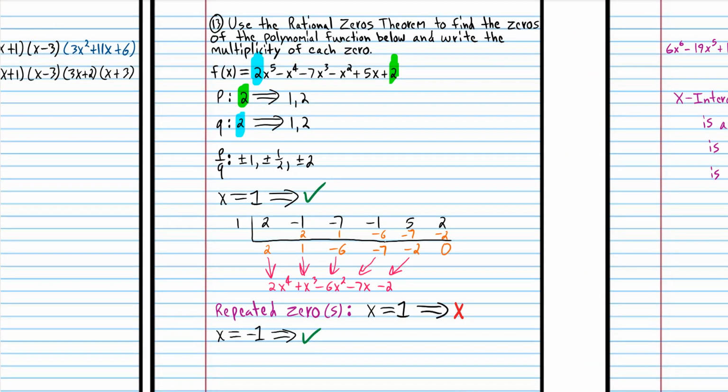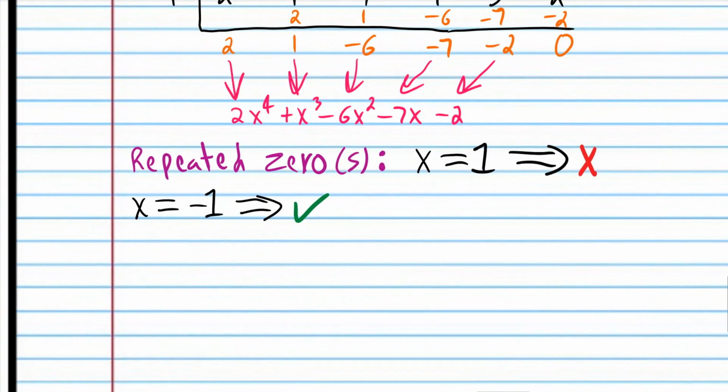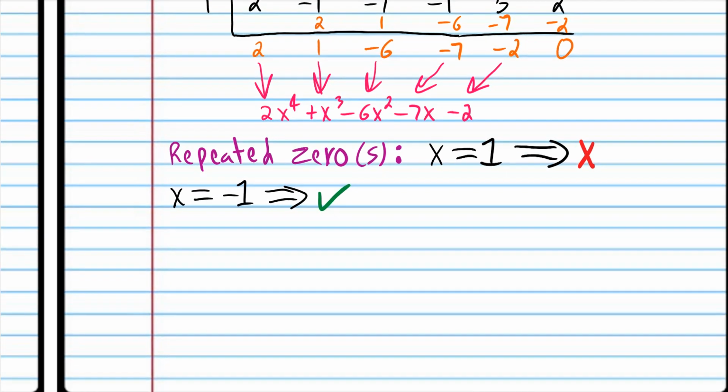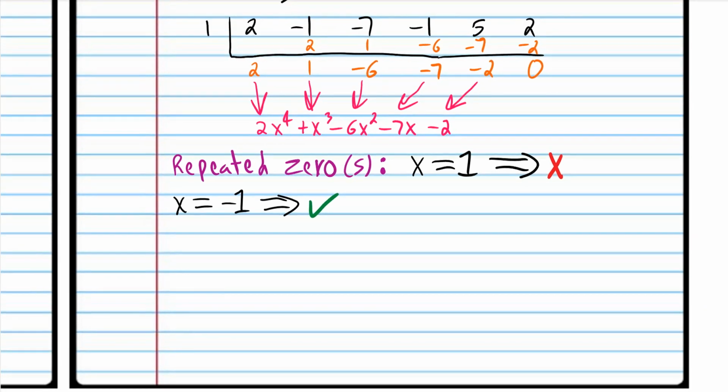Well, because -1 is a 0 of this depressed polynomial, the factor theorem tells us that x plus 1 is a factor of this depressed polynomial. And so if we divide by x plus 1, we'll get a polynomial that's even more depressed. So go ahead and do that. Use synthetic division, and when you come back, we'll do it together.